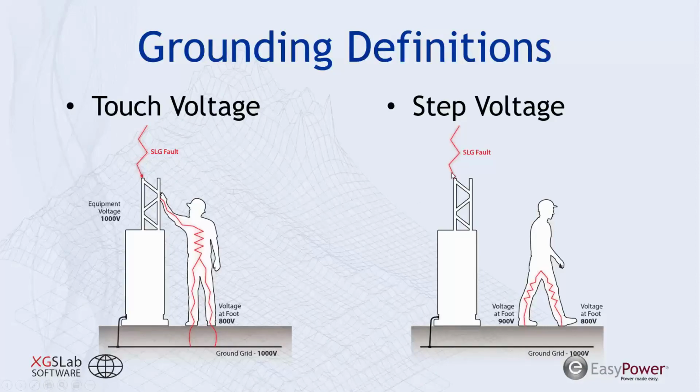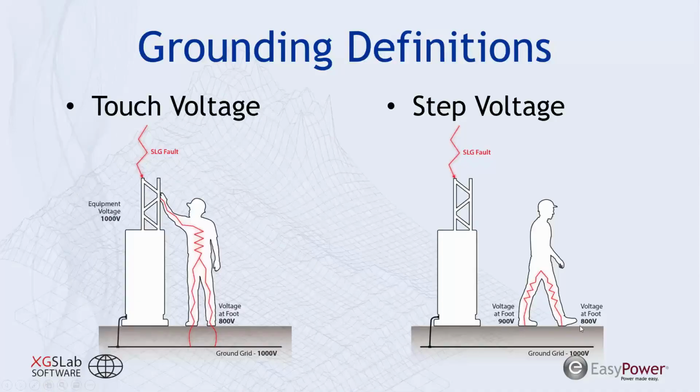Similarly, we have a step voltage concern. In this situation, an individual is not in contact with any piece of grounded equipment, but they're simply in contact with the soil. And because of their stride length, they have a different potential from one foot to the other. In the illustration, we have one foot at 900 volts, the next foot at 800 volts.